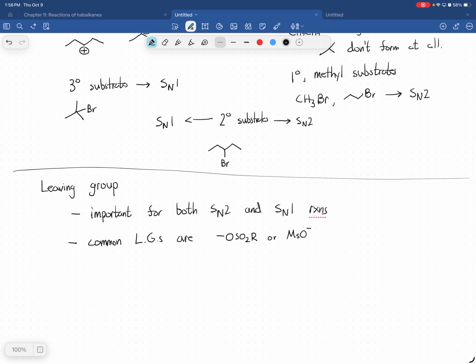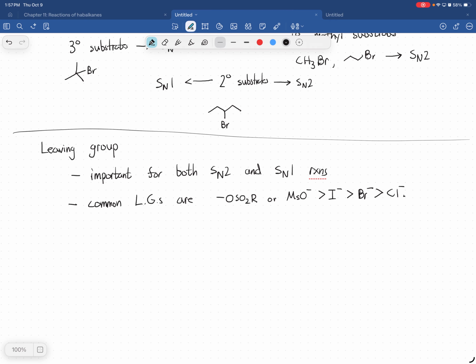They're usually greater than iodide, bromide, and chloride. These are usually the best ones we see. There are more leaving groups that we'll talk about, but we haven't come across them yet, so I won't mention them yet. Let's make a few comments on which ones are the best leaving groups for SN1.